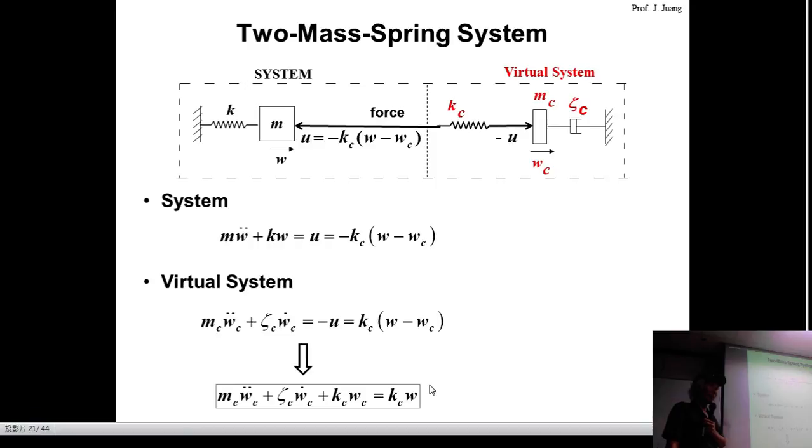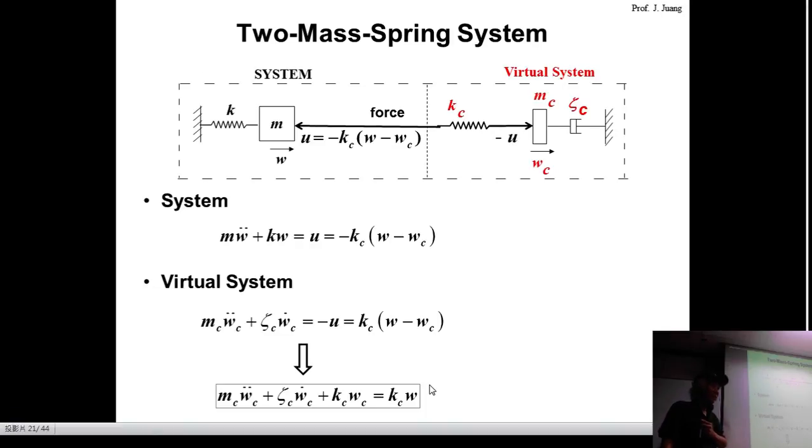The simple explanation is, how can I replace a passive TMD by an active feedback control? That's the job. That's what we call the active vibration absorber. Yeah. AVA, active vibration absorber.